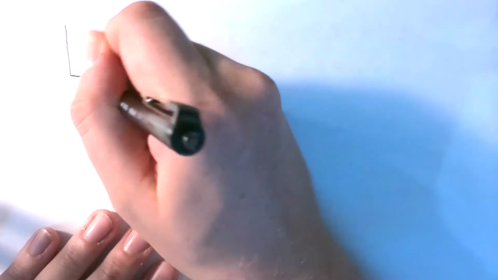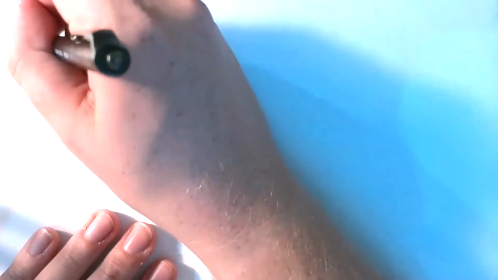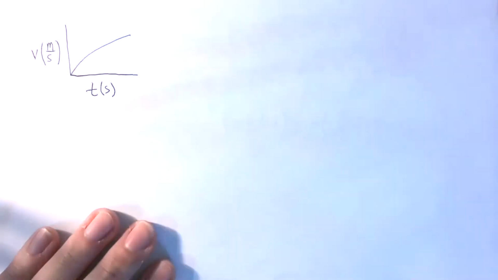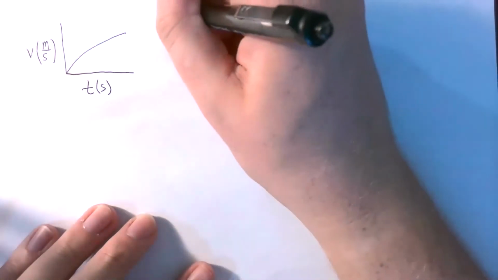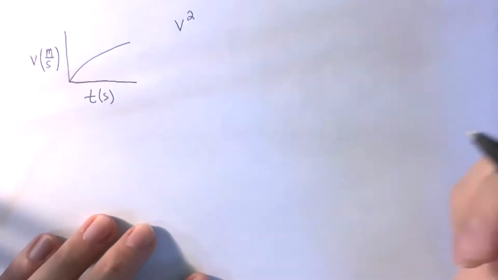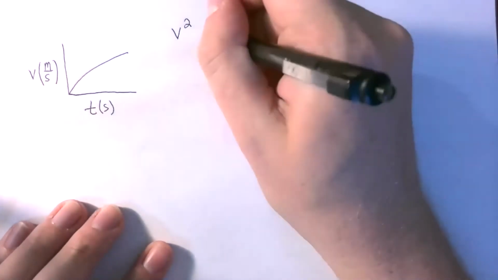The graph we would label here with T on the horizontal in seconds, V on the vertical in meters per second. And what we get is the parabola that's an over curve. That would suggest that V squared was proportional to T.